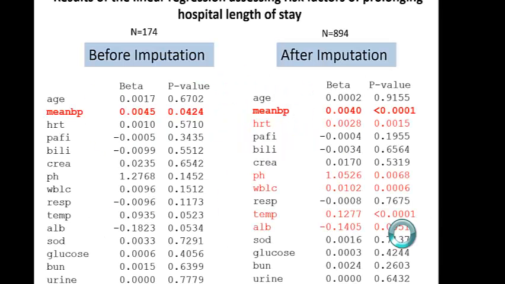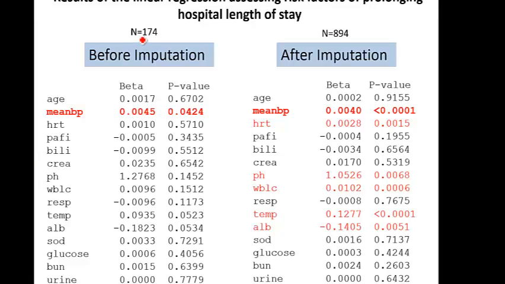So here is the result of a linear regression when you are not aware of this missing data issue and just use SPSS to do linear regression. By the way, I log transformed the outcome variable, so the outcome is log transformed hospital length of stay. You put that in SPSS, plug all these independent variables in, and run the regression.